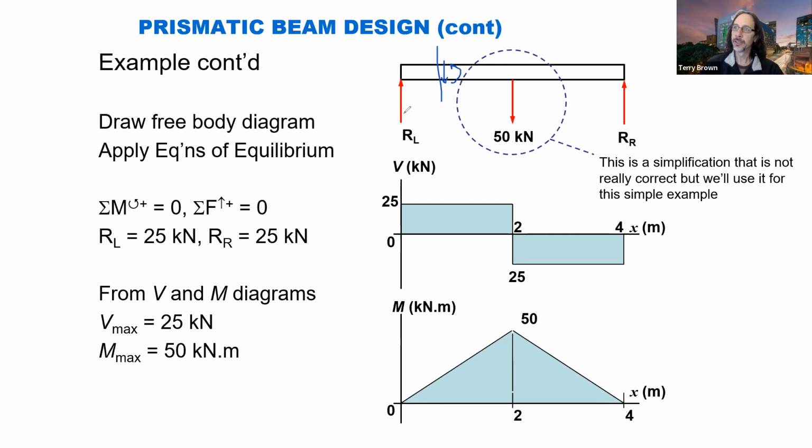So that will be 25x and linear. So from 0 to here, 25 times 2 is 50. Right, so hopefully you can see where this comes from easily enough. All right, so our maximum shear force is 25 kilonewtons and our maximum internal bending is 50 kilonewton meters.